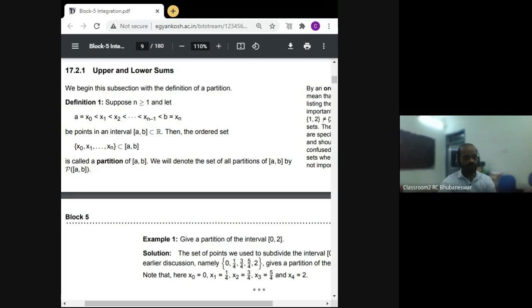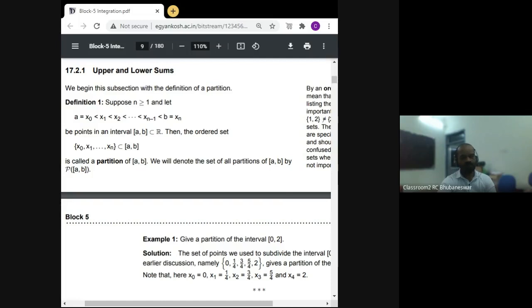Here, as you can see, the points are x0, x1, x2, up to xn, and xn is the last point, which equals the endpoint of the interval, b. In this way, we can divide a closed interval [a, b] into several small intervals, and the points are listed in a certain order.